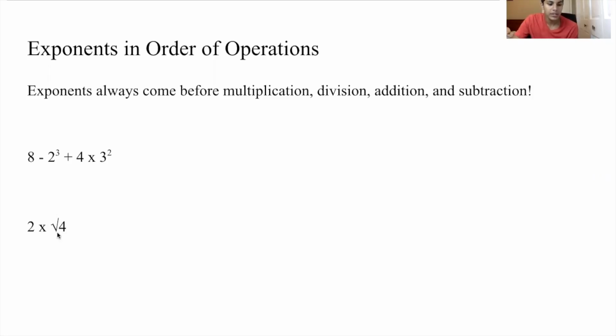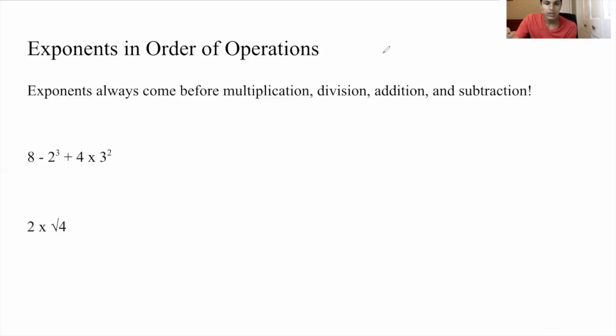So if we had to do this question, we wouldn't do 2 times 4 first, we'd find the square root of 4 first, which means what times itself equals 4. And in this case, 2 times 2 equals 4. So the square root of 4 is going to be equal to 2. So if we simplify this now, this simplifies to 2. So our question is just 2 times 2, and that will be 4.